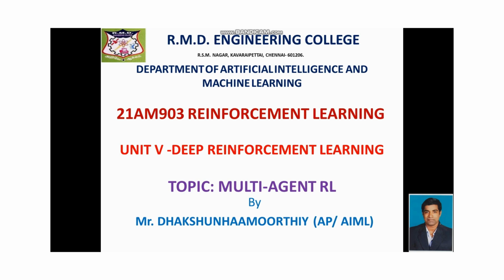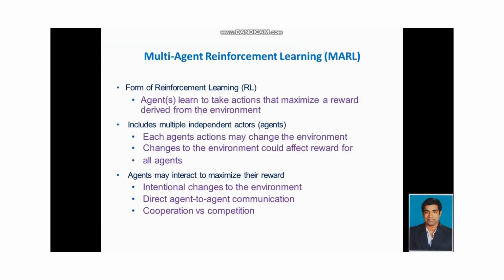Today's topic is multi-agent RL. In Unit 5, Deep Reinforcement Learning, Multi-Agent Reinforcement Learning, MARL. It is a form of reinforcement learning, RL, in which agents learn to take actions that maximize a reward derived from the environment.